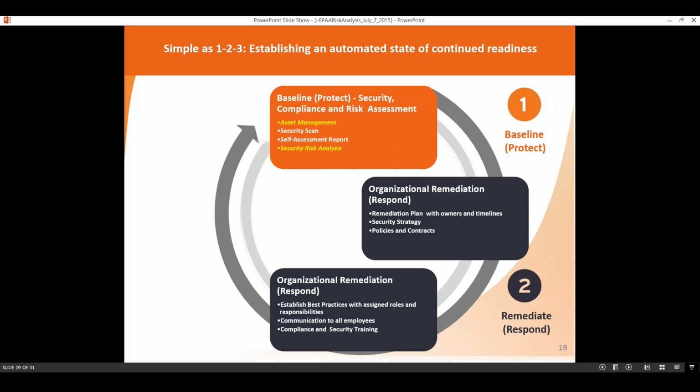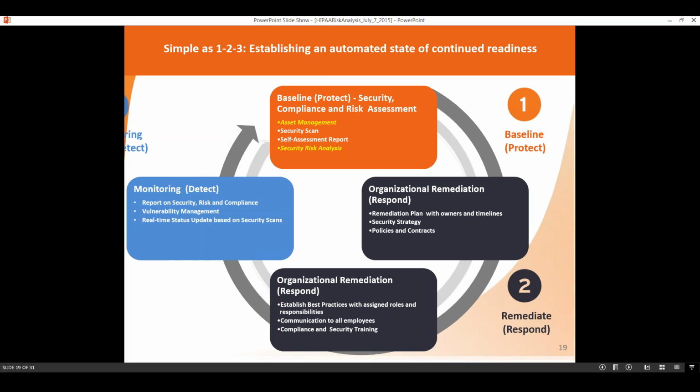So the next step is to remediate or fix the open issues and gaps that are found, and therein the tool will guide you through an expert system-based approach to tell you all the policies and contracts that you need, all the training that you need, and give you complete guidance to fix the open issues that are found.